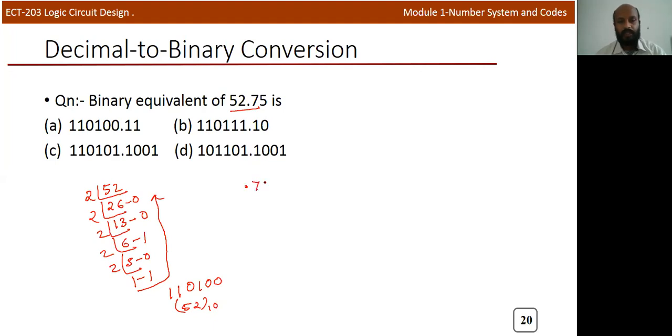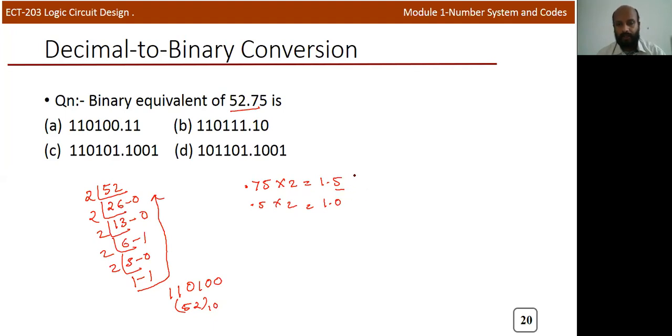So fractional portion, you need to take 0.75. 0.75 into 2. So we'll get 1.5. And now we need to consider only this fractional portion. So 0.5 into 2. So we'll get 1, 0. After this, you don't want to consider. So you'll get only 0.